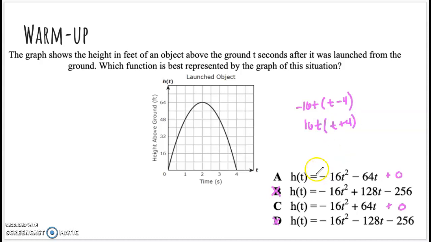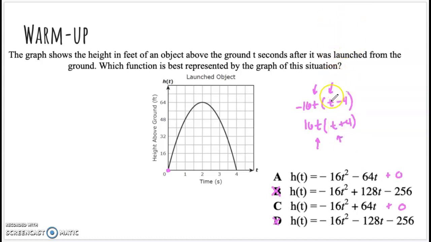And you can use this and what we know about the zero product property. We know that this first t is going to give us this root of 0. But then we can use the second factor to figure out our other root. I don't like how I put those arrows. I'm going to put those arrows pointing to the t value because that's the value we would be plugging in to create that 0.